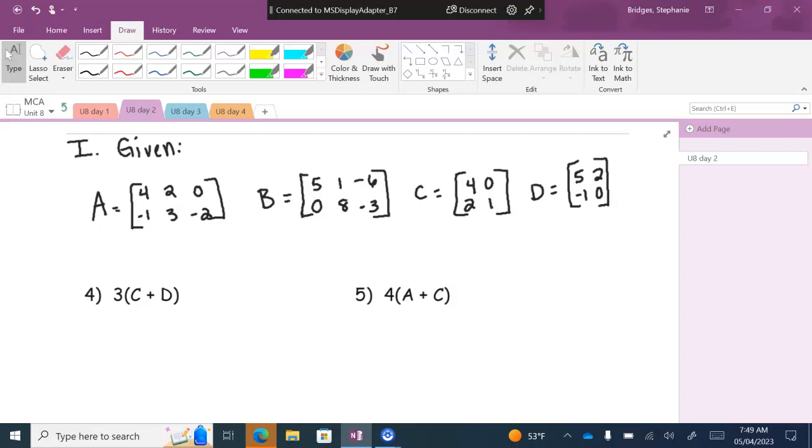But remember, in order to add them, they have to be, what did we say yesterday? The same size. So first of all, check and make sure they're the same. If they're not the same, you can't actually add them, but you can multiply by the number in front of the parenthesis.